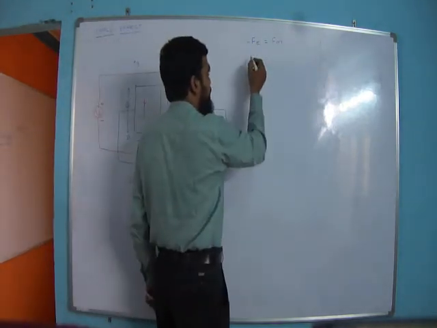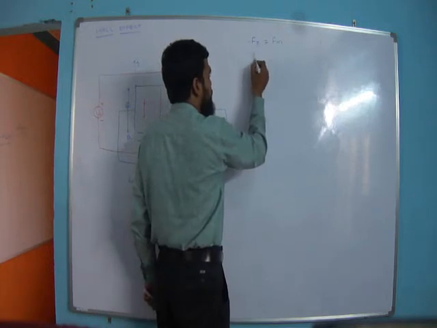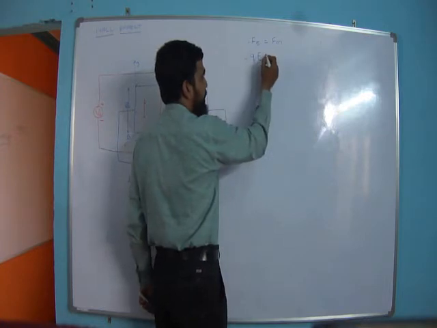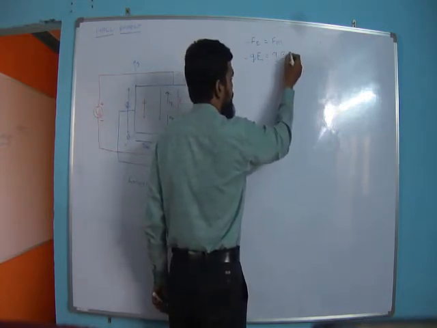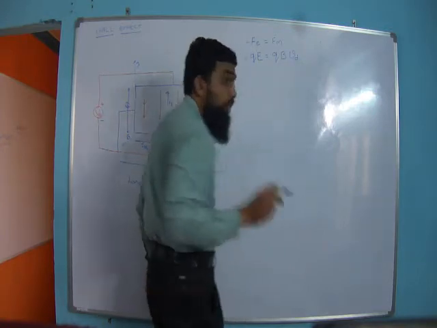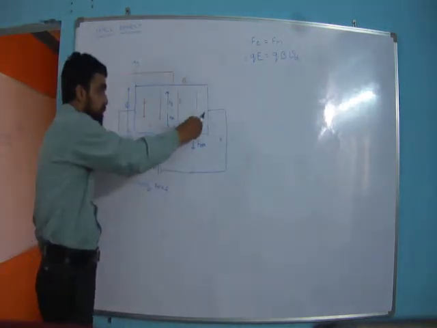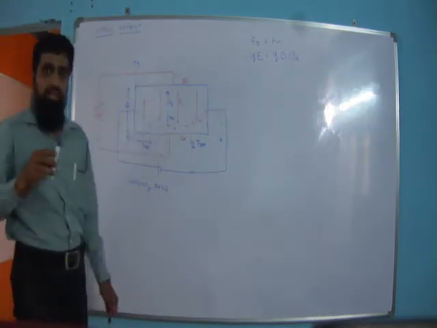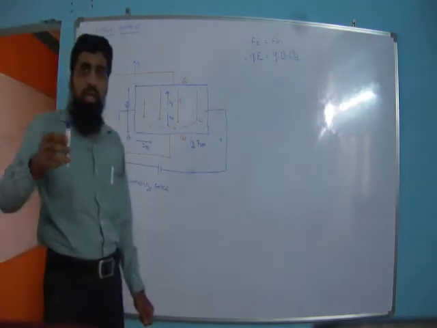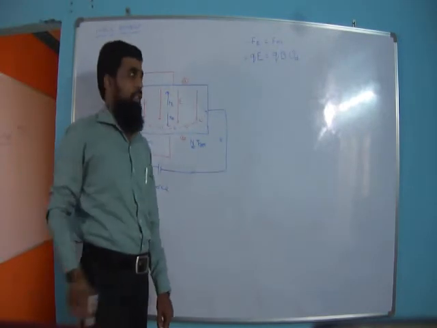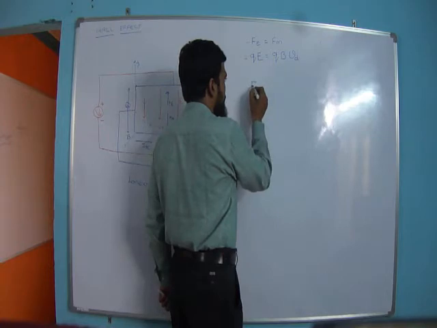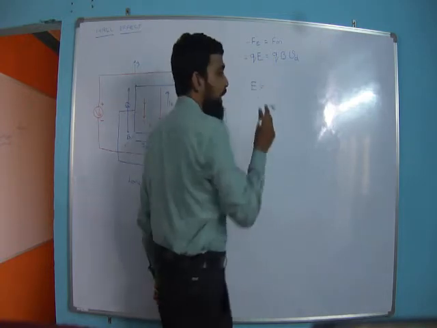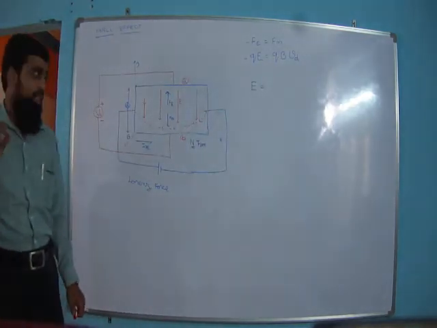Now the force because of the electric field we can write as Q into E, with the same minus sign, is equal to Q into B into Vd, where Vd is the drift velocity of these charge carriers. Now we can write E, the electric field, as voltage by distance.